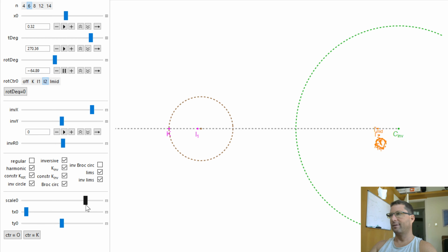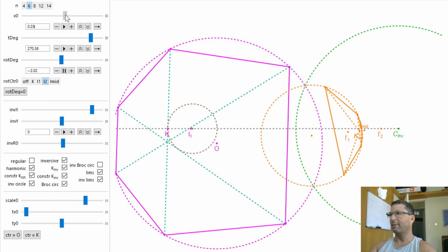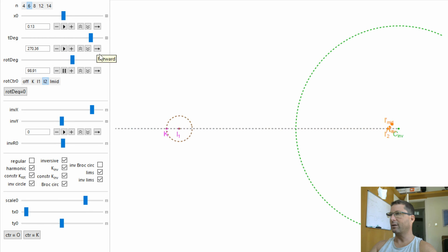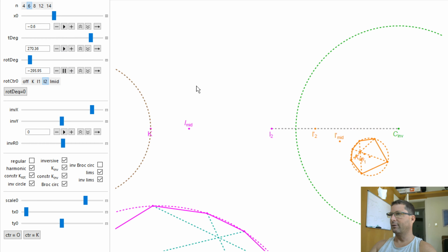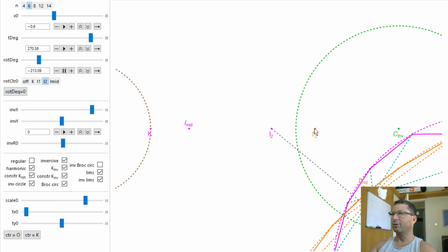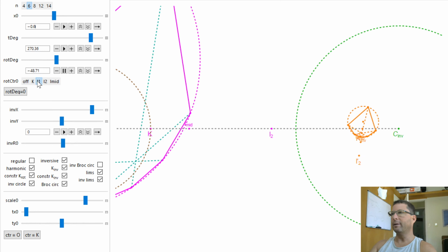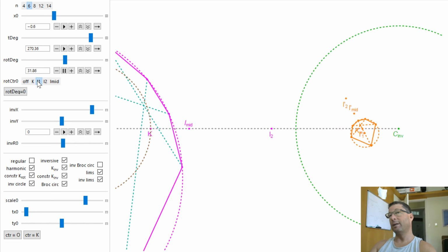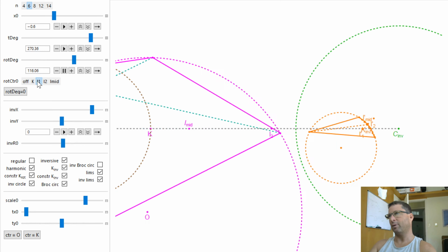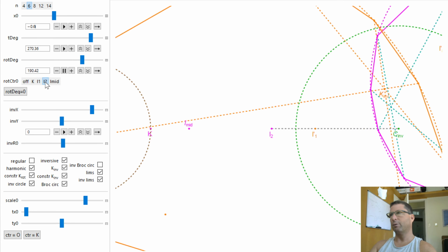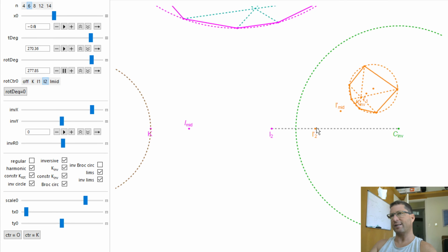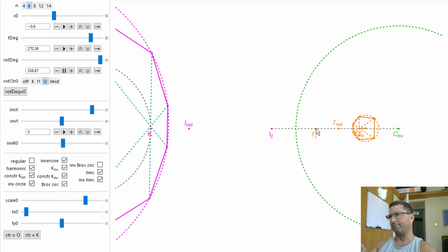Perhaps if I change my family just ever so slightly, this becomes clearer. Yeah, so there it is. That limiting point is staying put. You can see it put here in this new configuration. So if I rotate about one limiting point, I cause the corresponding limiting point on the inversive to be put, and if I rotate about the other limiting point, I cause the second limiting point to be put.